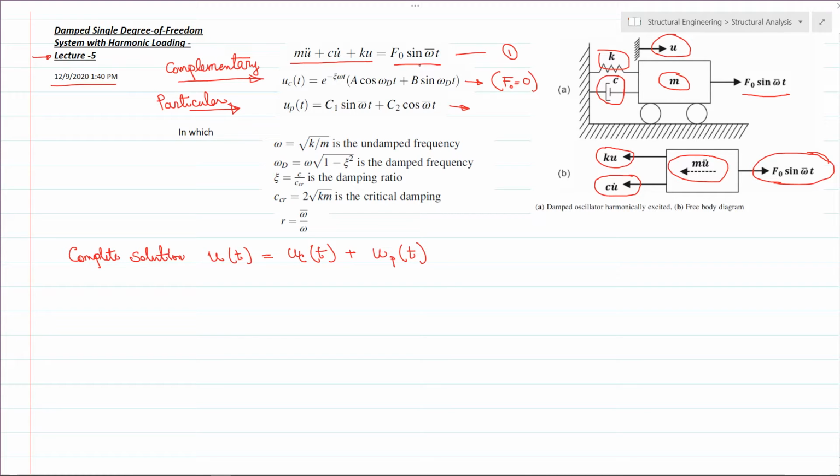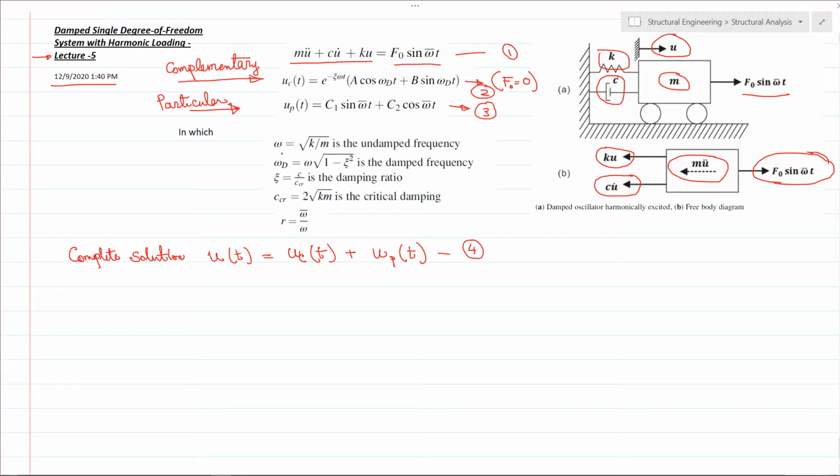Let us number these equations. Our first equation is this. Let the complementary solution be equation number 2, particular solution, let this be equation number 3, and let it be equation number 4. That is the final solution.